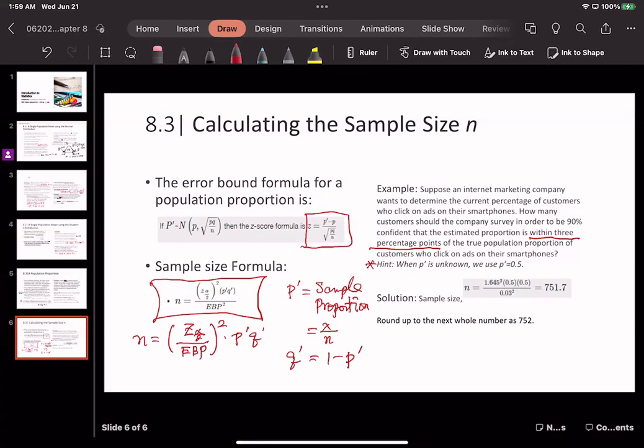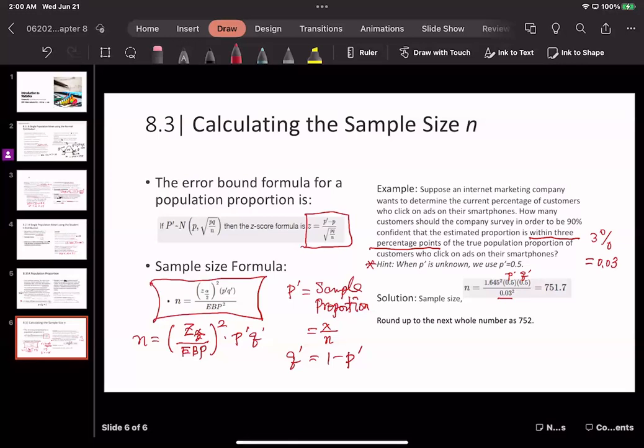So the solution for the sample size n equals the z critical value for 90%, which is 1.645, multiplied by 0.5 for p-hat and another 0.5 for q-hat, divided by the margin of error, the EBP for proportion, 0.03, because the problem said within 3 percentage points, and we need to convert 3% into the decimal 0.03.